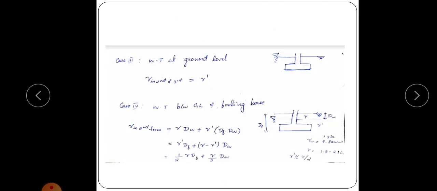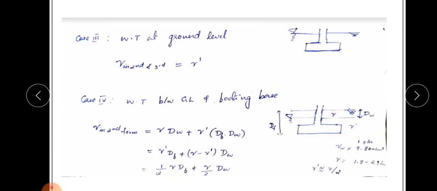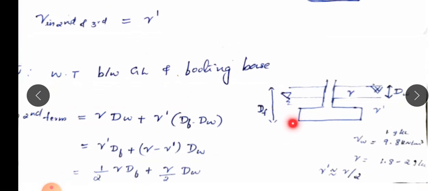Okay, so first we can discuss the water table is between ground level and footing base. So let us assume the water table is at a depth dW from the ground level. So this is water table, and the depth of water table from ground level is marked as dW. Okay, and dF is the depth of footing, that is the distance between ground level and footing base, dF.